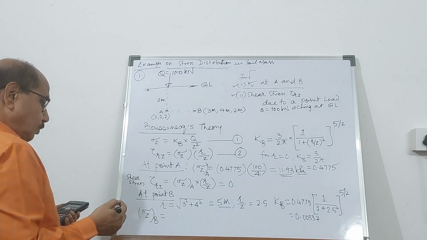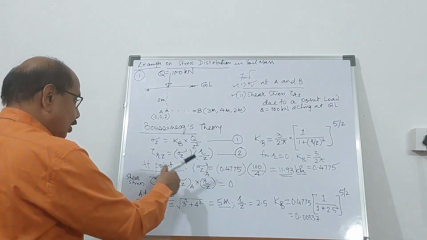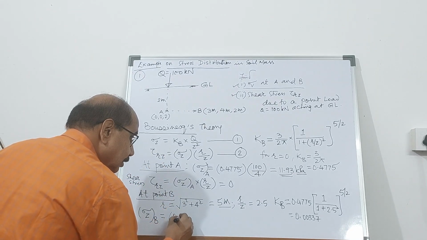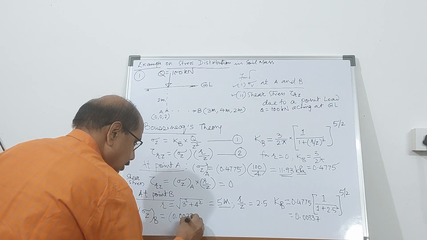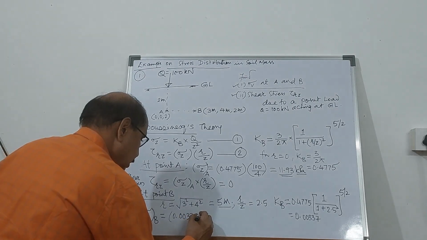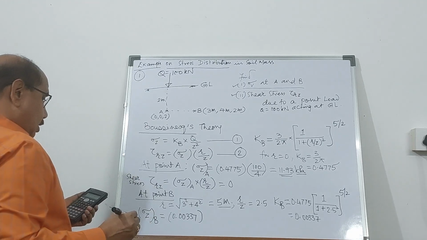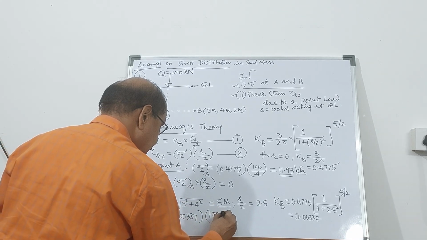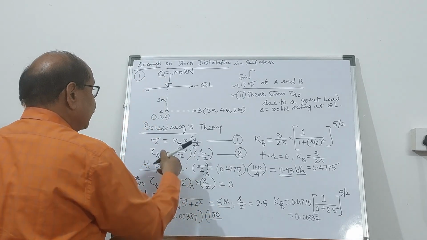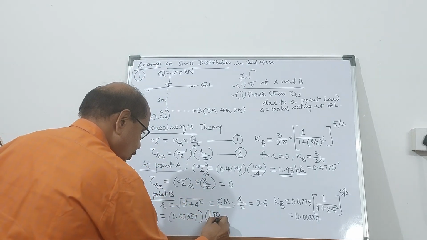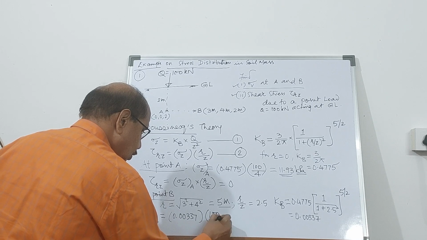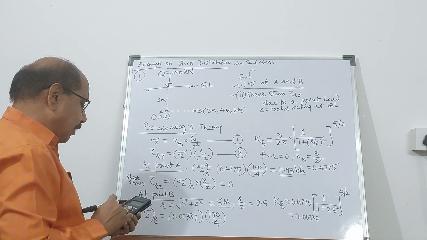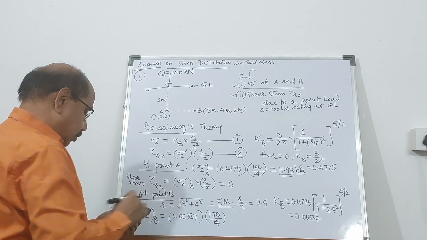Now sigma Z at B, I have already got the value of Kb, so I can write 0.00337, and the value of Q is going to be 100 divided by Z square. Z is 2, so it becomes 2 square, that is 4. So if I calculate it, multiplied by this becomes 25.